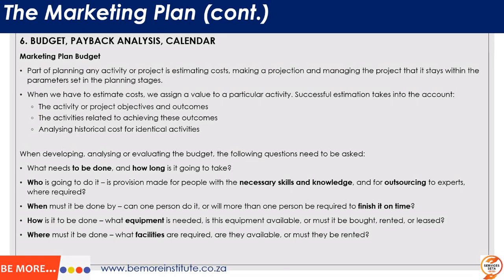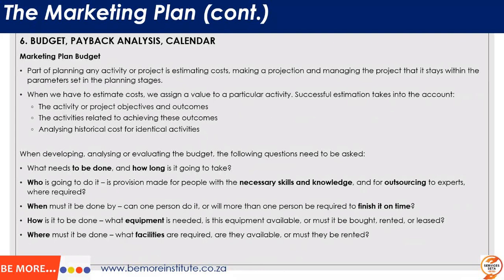What do we look at when we're actually looking at the estimates? So you break down the activities as we discussed earlier, and the objectives that you want to achieve, and you make sure that for each activity you understand what the input costs are.